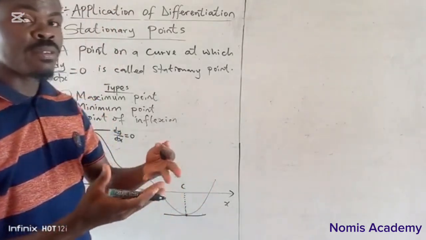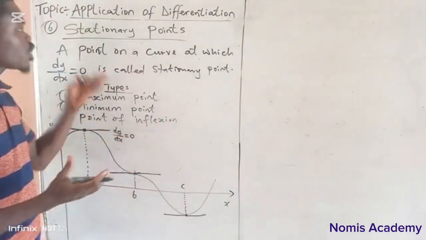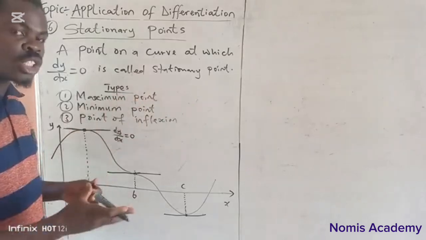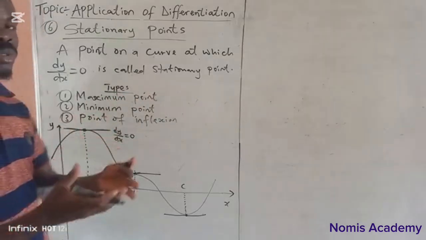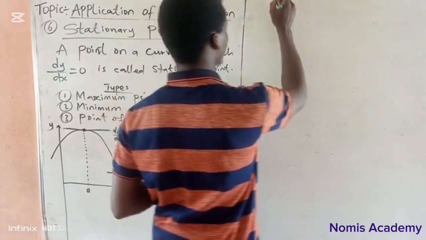Let me explain the nature of this curve. Whenever you are given a function, you're asked to find the stationary points of that function and also explain the nature of the points you're able to get. These are the things that are required of you.